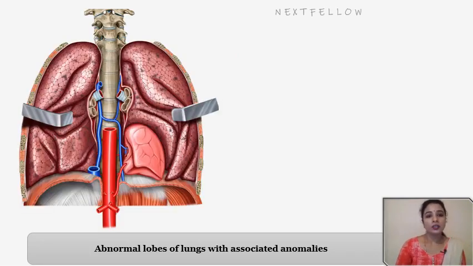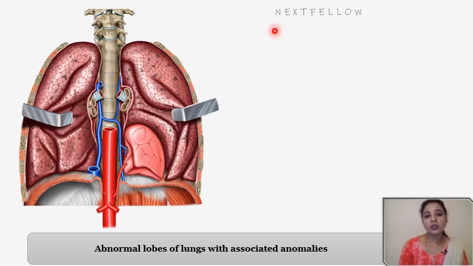Let's see some more congenital anomalies, about the abnormal lobes of lungs with associated anomalies. Here is the image showing the abnormal lung lobes. In this condition, sometimes the right lung or the left, here on the left side we can see, the lung consists of 2 lobes instead of 3, or the left may consist of 3 lobes instead of 2.